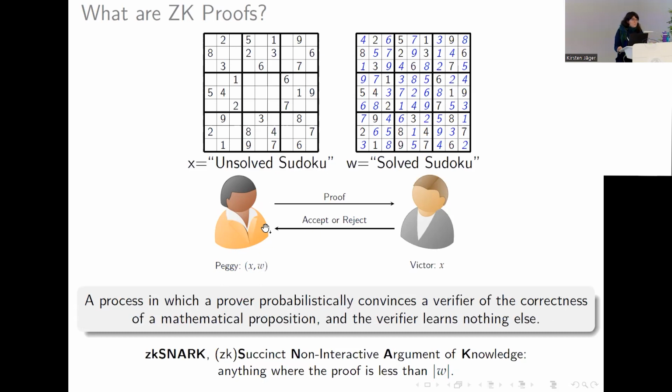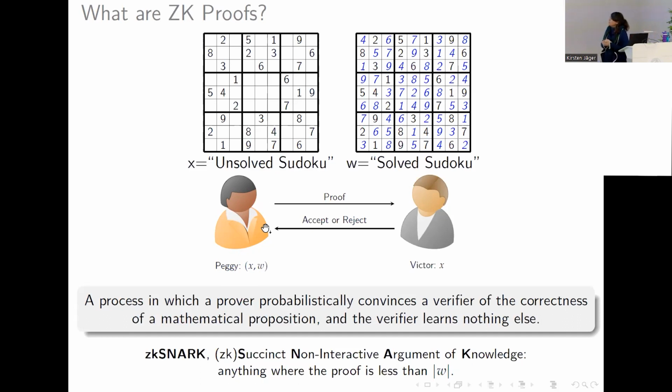We're particularly interested in a specific type of zero-knowledge proofs, which are zero-knowledge SNARKs, and these are succinct, non-interactive arguments of knowledge. For this talk, let's think of a SNARK simply as anything that's sublinear in the witness size.